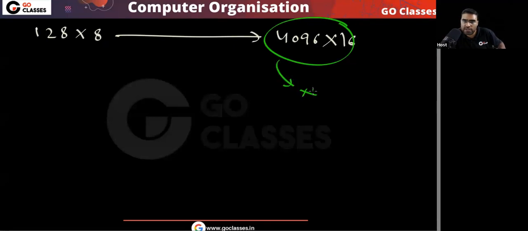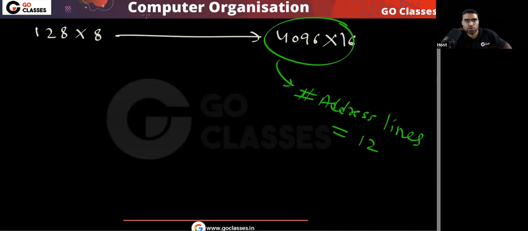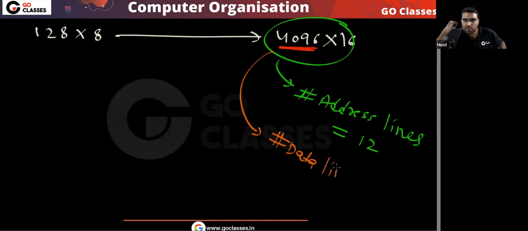The number of address lines will be 12. Yes or no? Because there are 4096 locations, the number of address lines will be 12. Very simple. The data lines will be 16.